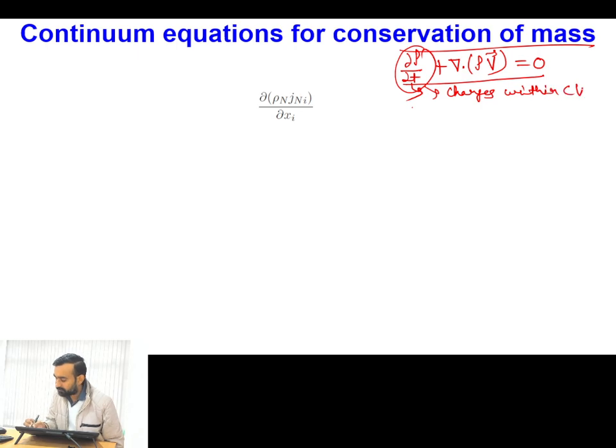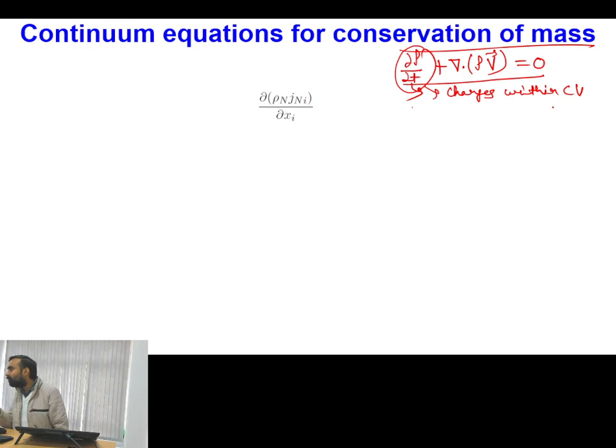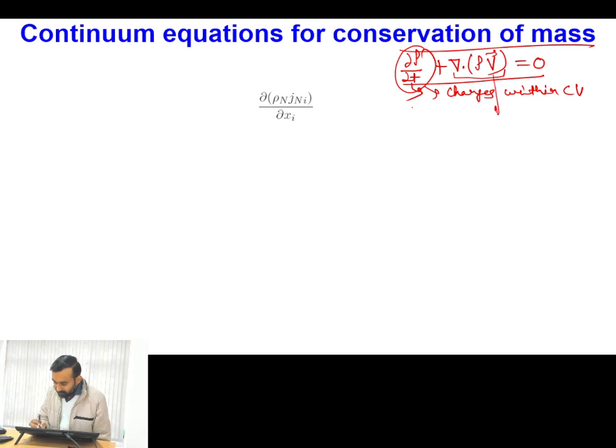What does it mean? If within the control volume there is some source of mass generation or some sink which is capturing the mass. And what does the second term, divergence of rho v, represent? This represents the mass change across the boundaries of the control volume.